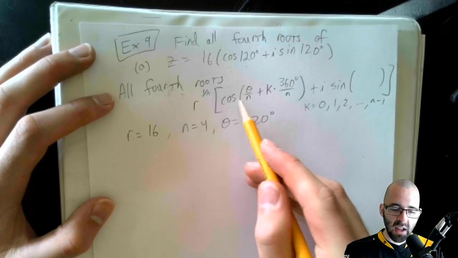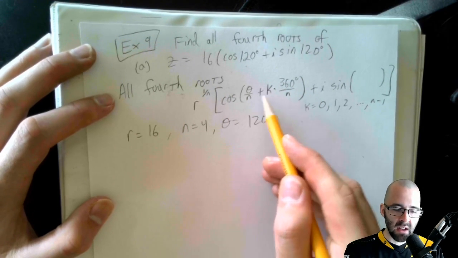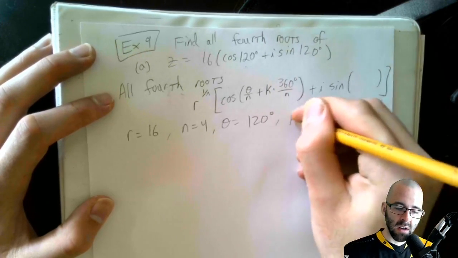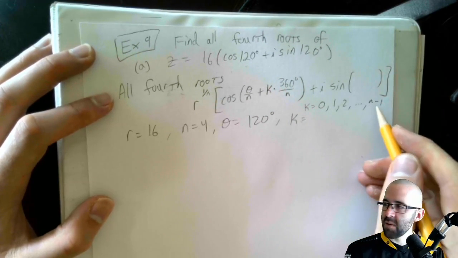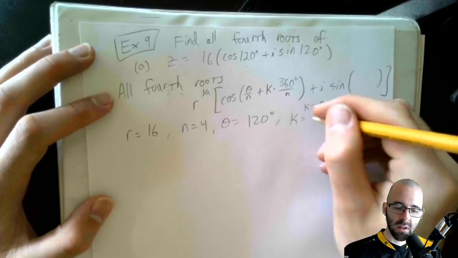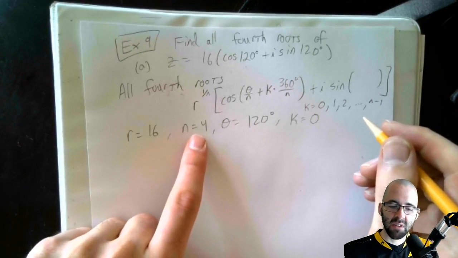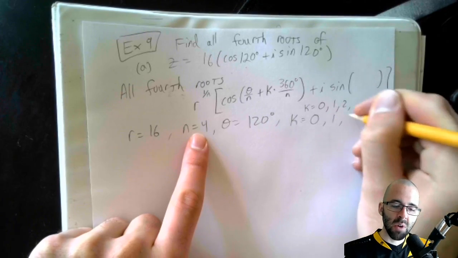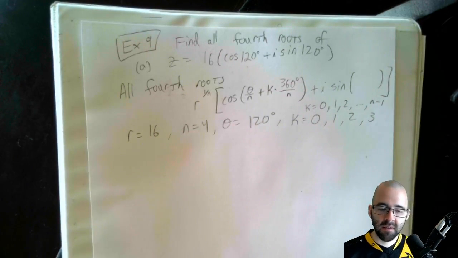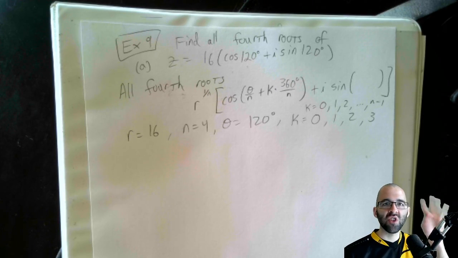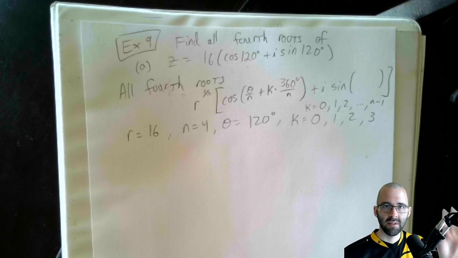We found r, n, theta, and yeah, we haven't talked about k yet. k goes from 0 to n minus 1. So k is 0. What's n minus 1? n minus 1 is 3. So k is 0, 1, 2, and 3. There are going to be 4 k's. And that makes sense, right? 4 k's, 4 fourth roots.